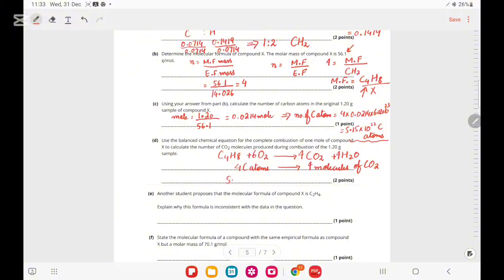There were 5.15 times 10 raised to power 22 carbon atoms. You can see there is 1:1, like 4 carbon atoms are producing 4 molecules. So if there will be 5.15 times 10 raised to power 22 carbon atoms, then they are also going to produce 5.15 times 10 raised to power 22 molecules of CO2. Okay, because there is 1:1 there.